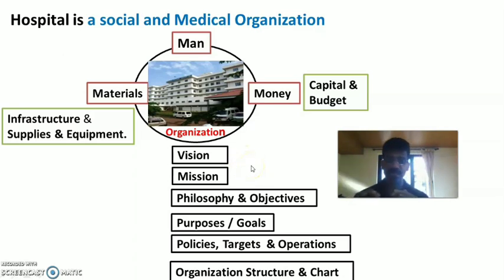Then based on the vision, it has various strategies like mission, philosophy, goals, objectives and purposes to render the services, short-term and long-term goals, various policies, that is rules and regulations, targets to be completed in a particular period of time, and various operations, projects and activities. Then as an organization, it has an organization structure and organization chart to carry out the various activities in the different departments of the hospital. So in short, hospital is a social and medical organization.